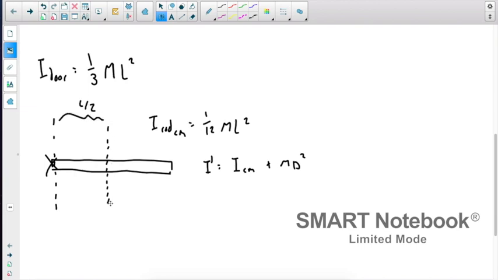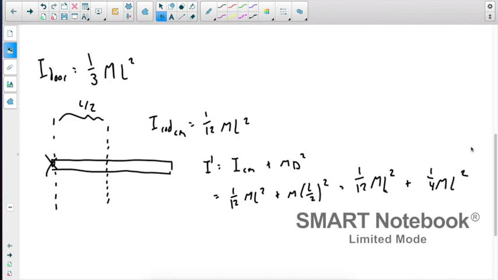I've shifted it over from the center to the edge. So that's going to be 1/12 m L squared plus m (L/2) squared. And I'll let you guys do the algebra, but you do end up getting 1/3 m L squared.